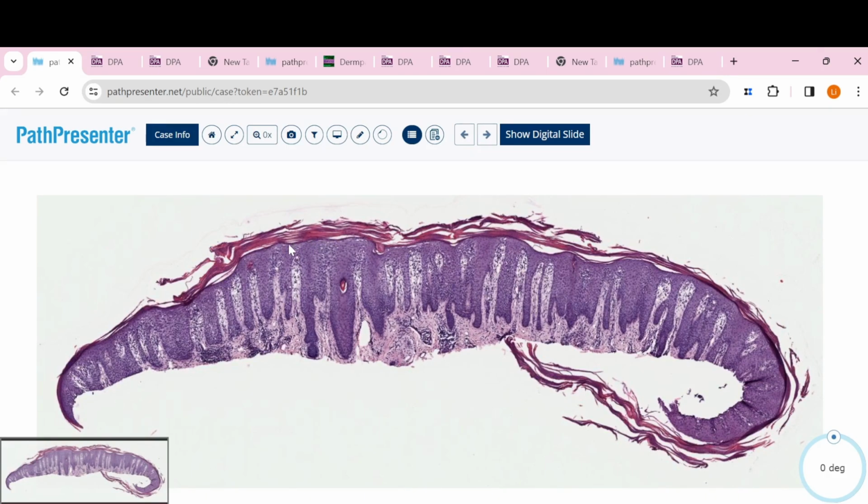That means usually we will see a little bit purplish in this granular layer, but in psoriasis, under the parakeratosis, you cannot see a really clear purplish area. That is the hypogranulosis.